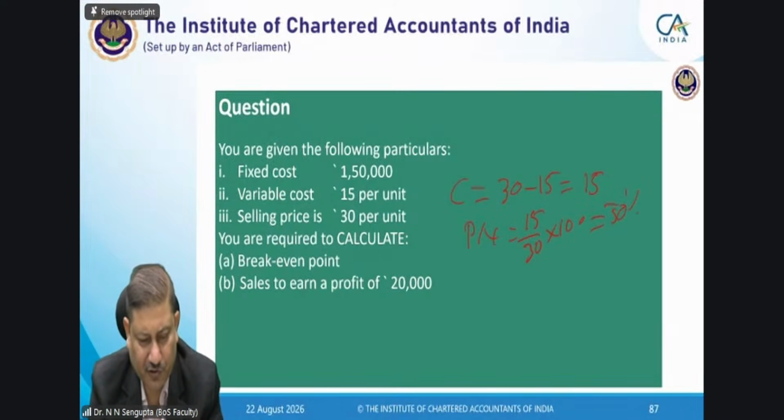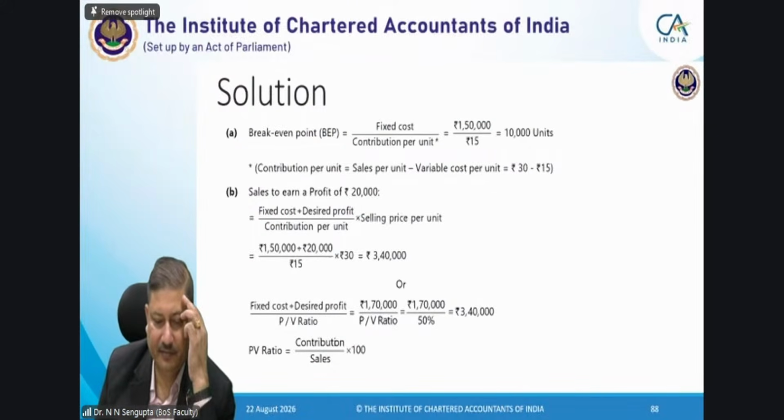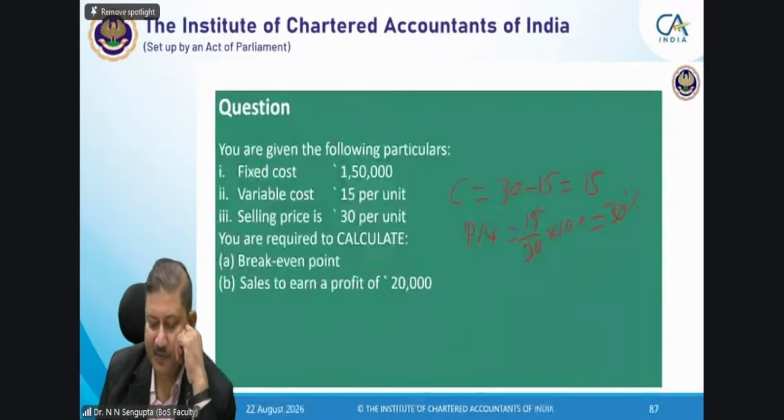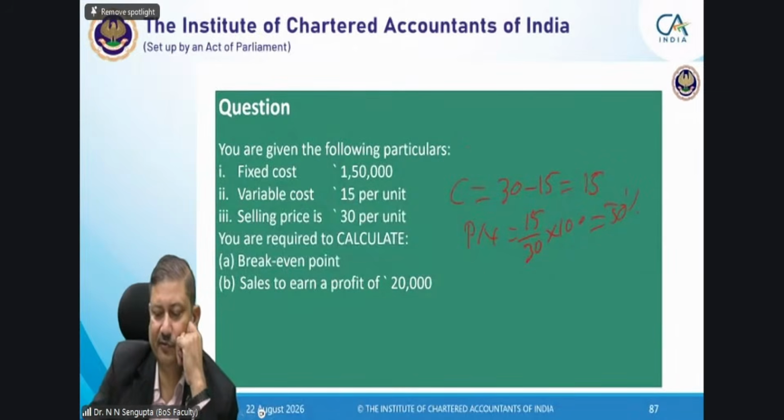So almost you can calculate everything. You can see it here. Break-even point: fixed cost is already given, 1,50,000, so break-even point is 1,50,000 divided by contribution, which we have just calculated.